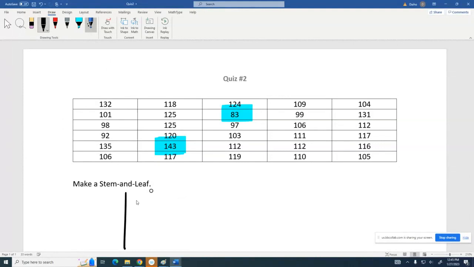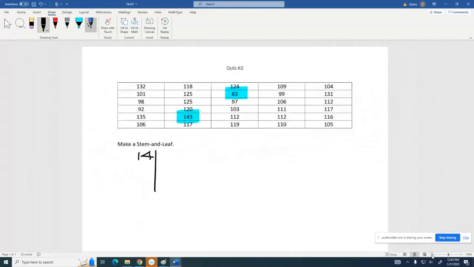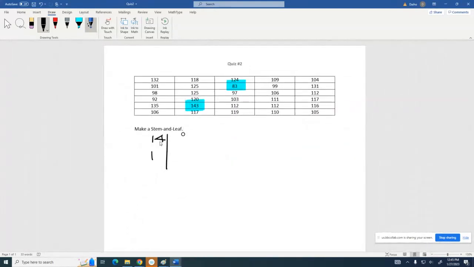So you have to make the stems from the 140s, 130s, 120s, 110s, 100s, 90s, up to the 80s, right? So please put the values in the stem and plug the second part.